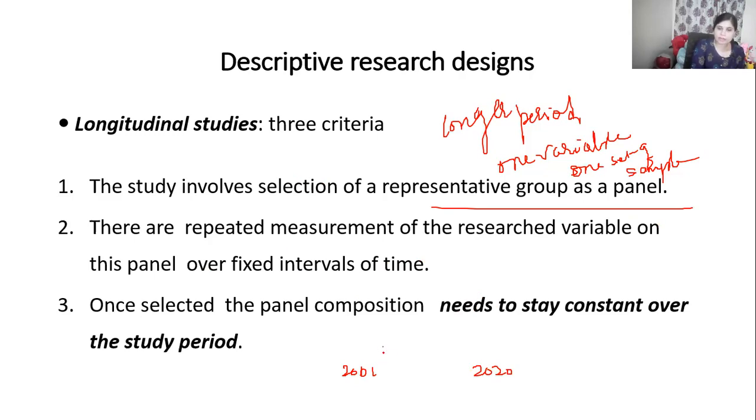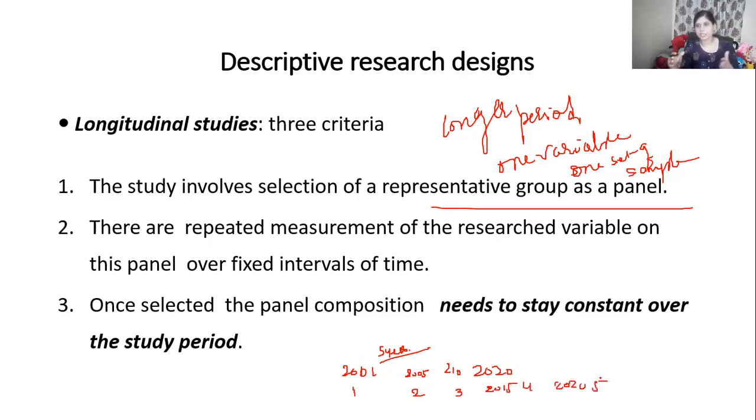Let us take 5 years of interval. So he'll test his sample in 2001 first, then 2005 second interval, 2010 third interval, 2015 fourth interval, and finally 2020 fifth interval.